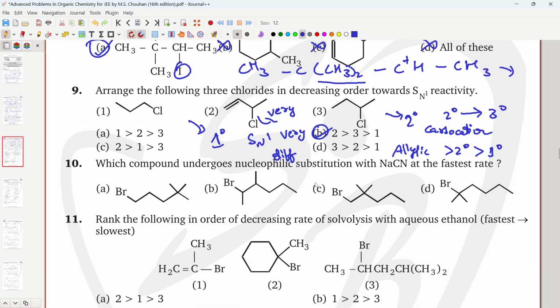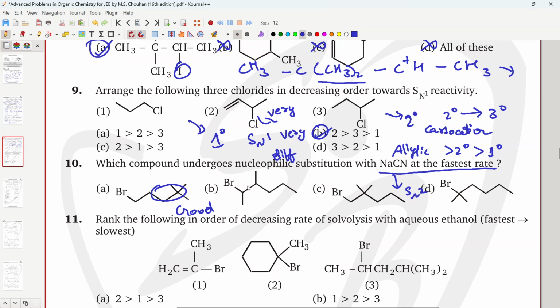Now, which one of the following compounds undergoes nucleophilic substitution reaction with NaCN at the fastest rate? NaCN is a strong nucleophile, so the reaction mainly goes by SN2. So, first A, primary bromide, and the branching is far away. So, it's a good SN2 substrate.